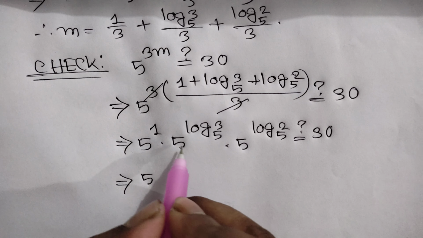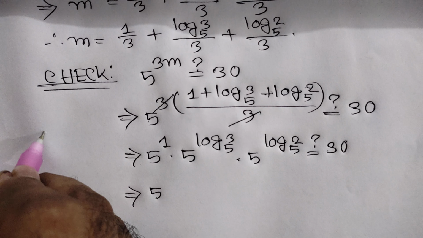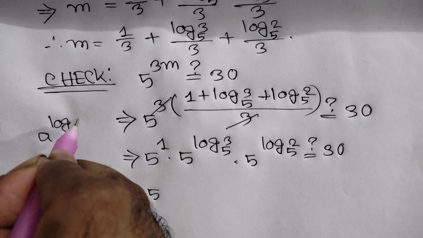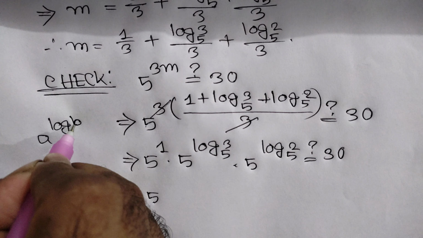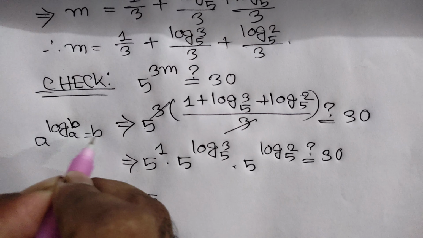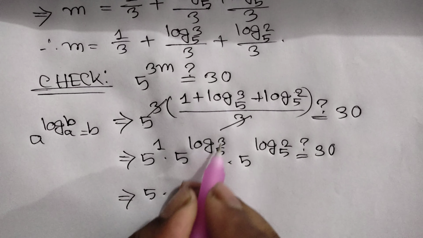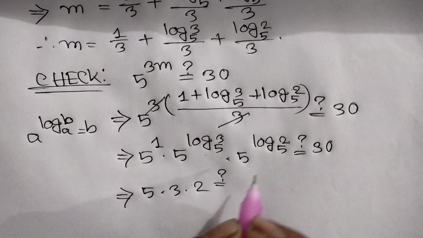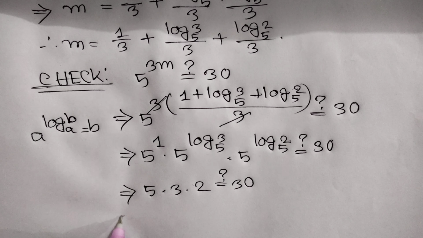We know a logarithm formula: a to the power log of b base a is equal to b. So applying this rule, here we will get 3 and here we will get 2.